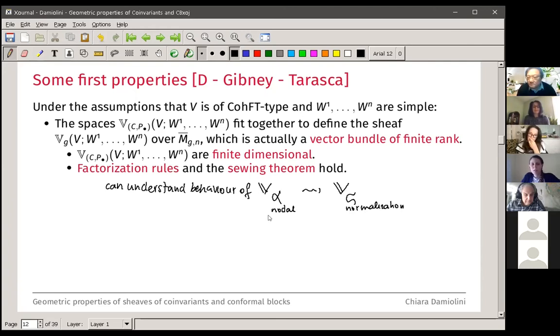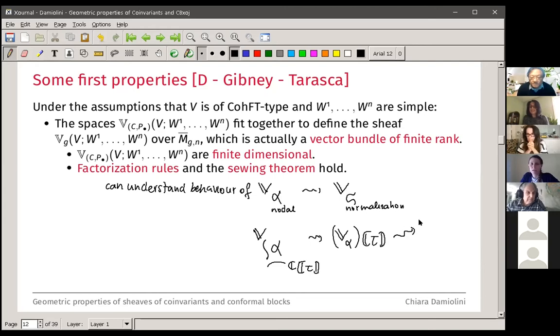And actually, we can be a bit more refined, saying that if I want to understand the space of coinvariants, where instead of having a nodal curve, I have a family over a one-dimensional disk, essentially C of tau, then this is related to the conformal blocks, sorry, the coinvariants over just the node tensor with tau.